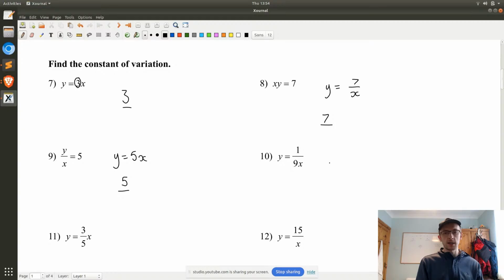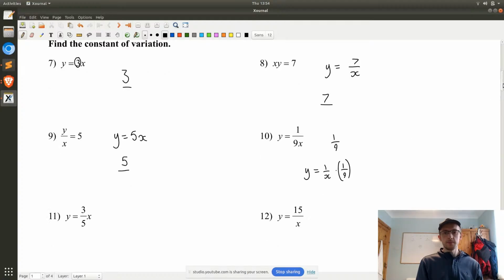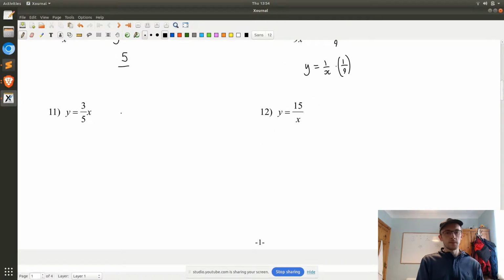Here it's tempting to say 9, but the actual true answer is 1/9, as it's y equals 1 over x multiplied by 1 over 9. Direct variation with the constant of variation being 3/5. Inverse variation with the constant of variation being 15.